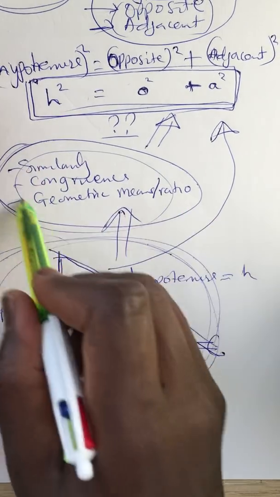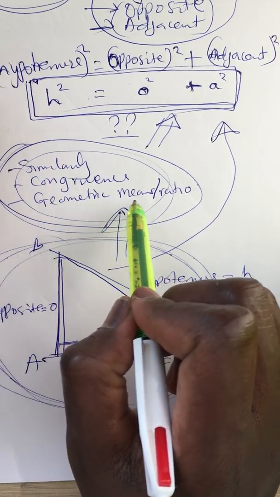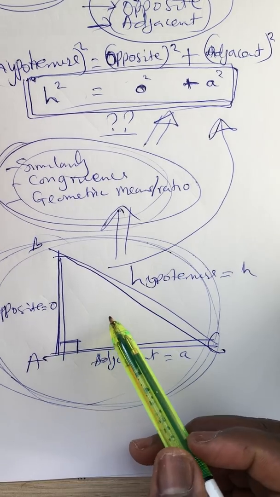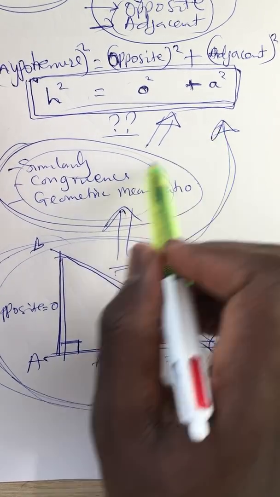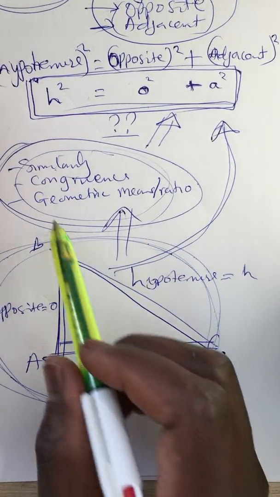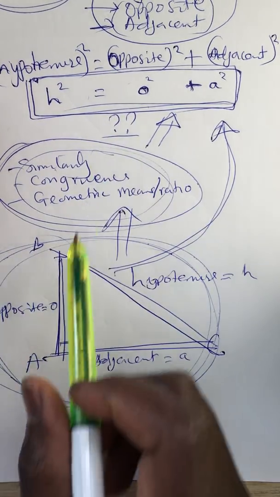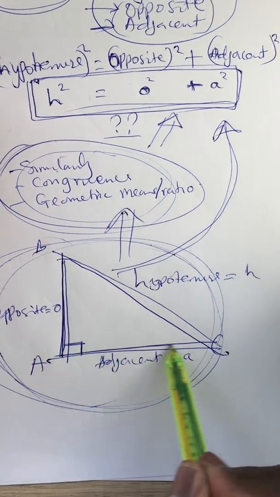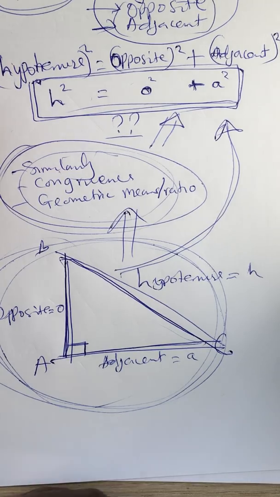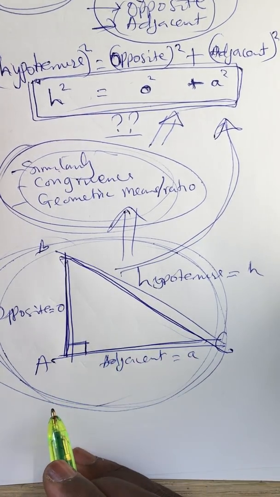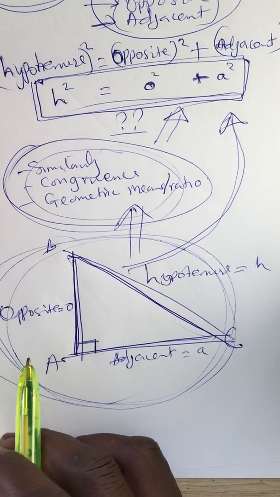And what we need obviously are these similarity, congruence, and geometric means. We are going to apply this in order to derive that formula by using the giant right angle triangle. So let us see how to go about this.